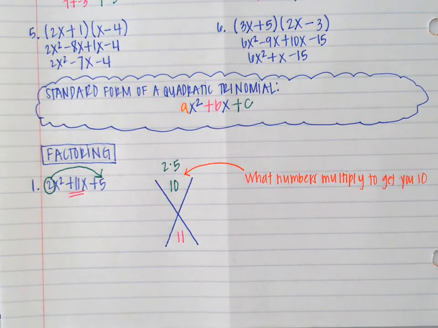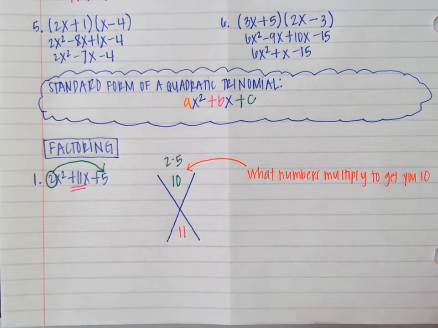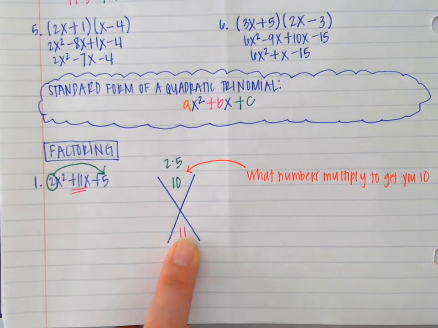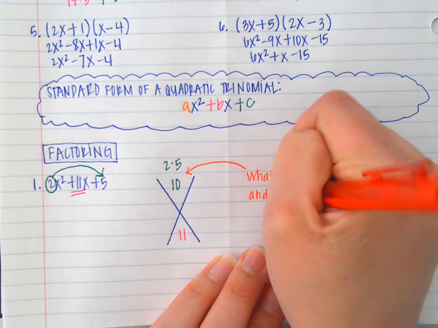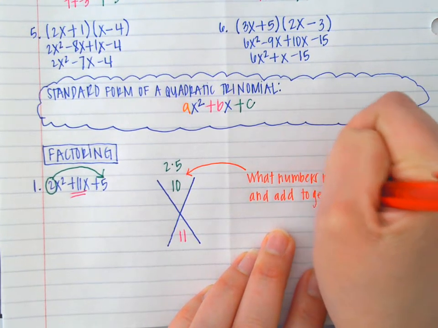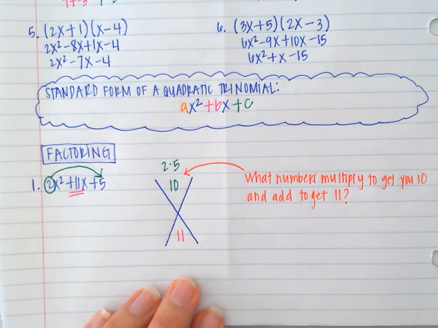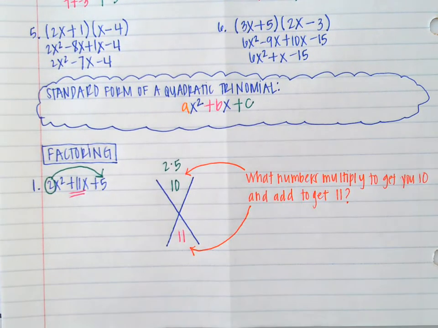But also, there's an additional consideration here. So what numbers multiply to get you 10, but also add to get you 11? So we're taking that number into consideration too.